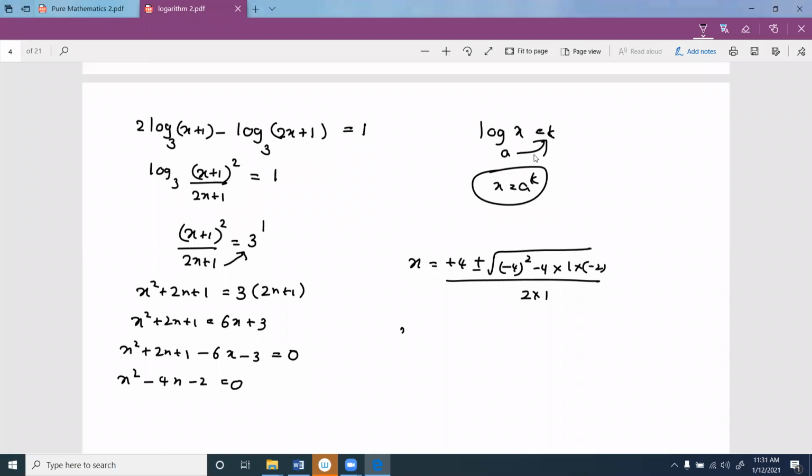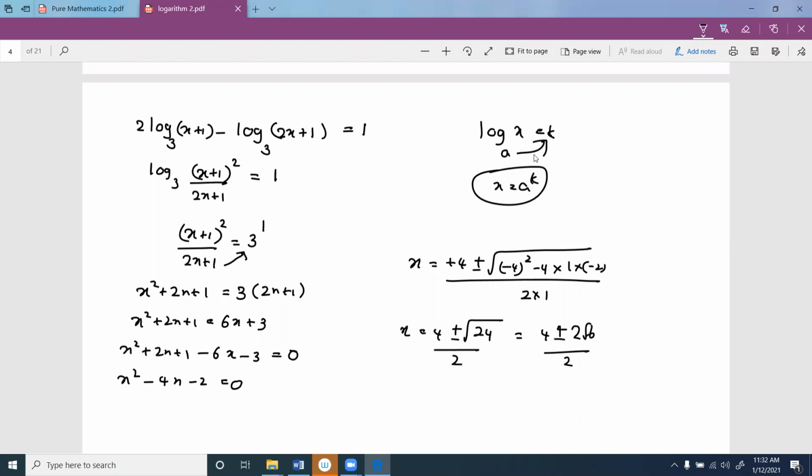So with that you can say x is equal to 4 plus or minus the square root of 16 plus 8, which is 24, divided by 2. So this turns into 4 plus or minus root 24. Root 24 you can write as root of 4 into 6, which is 2 root 6, divided by 2.